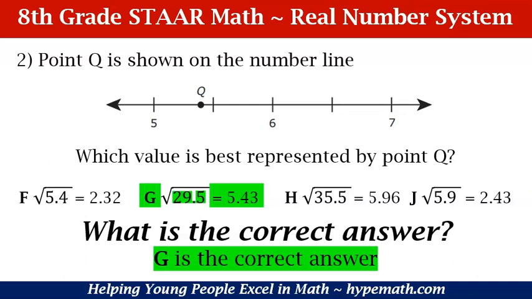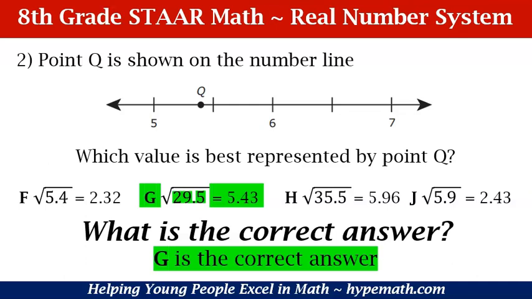We can immediately cross out answer F and also answer J because they are the square root of 5, but the square root of 5 is closer to 2, and that's not even on the number line. So we can get rid of answer choices F and J. All we need to focus on is answer choice G and answer choice H.